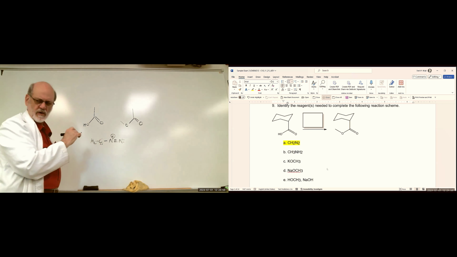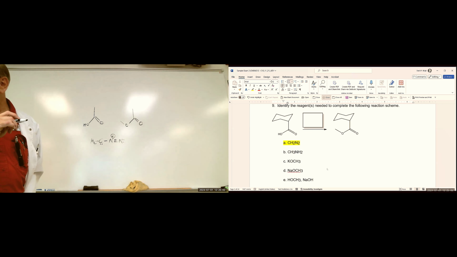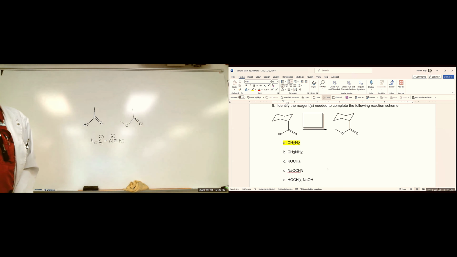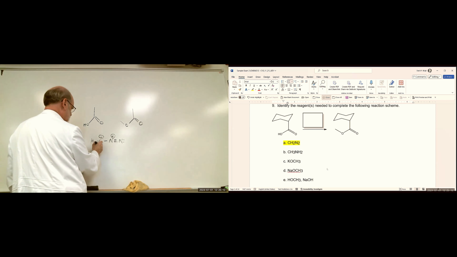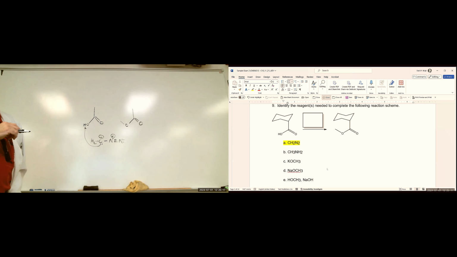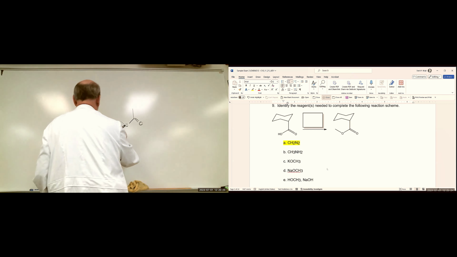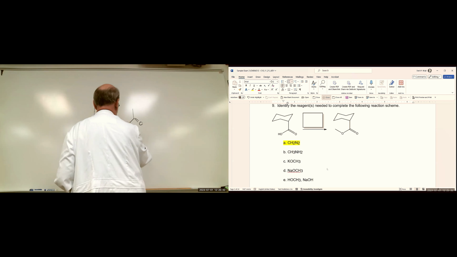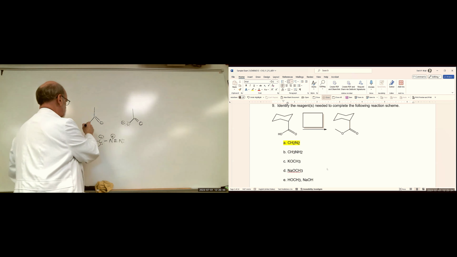An electron-rich carbon. So this one's negative. And it attacks this hydrogen. It extracts that hydrogen, and produces this. Okay, extracted the proton.